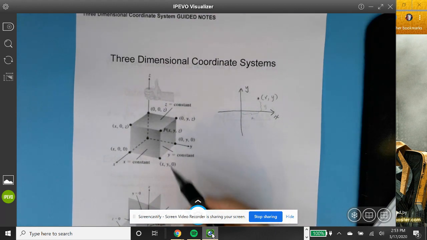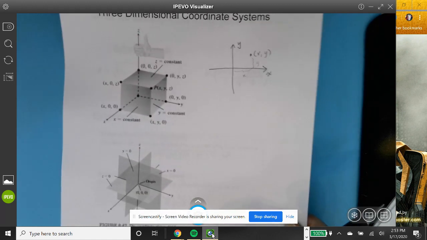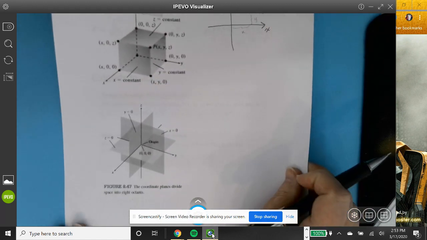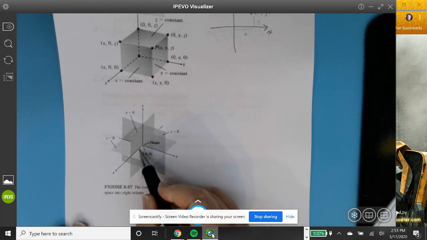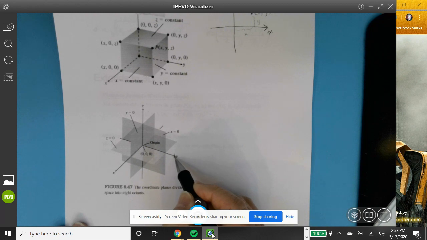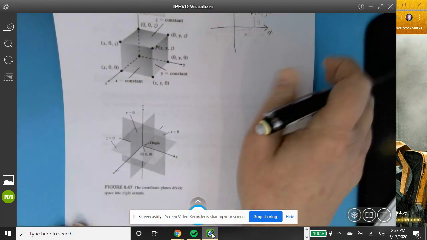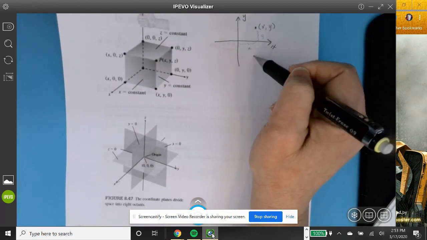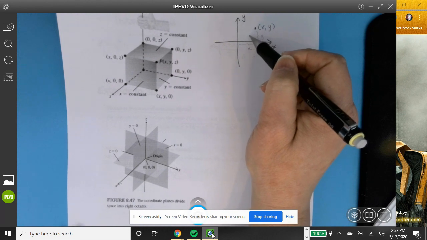And what's fascinating about this is that now I'm going to bring this up here. The XY plane that we're used to is now in an octant instead of a quadrant. So we had quadrant 1, 2, 3, and 4, and this is the quadrant where x and y are both positive.